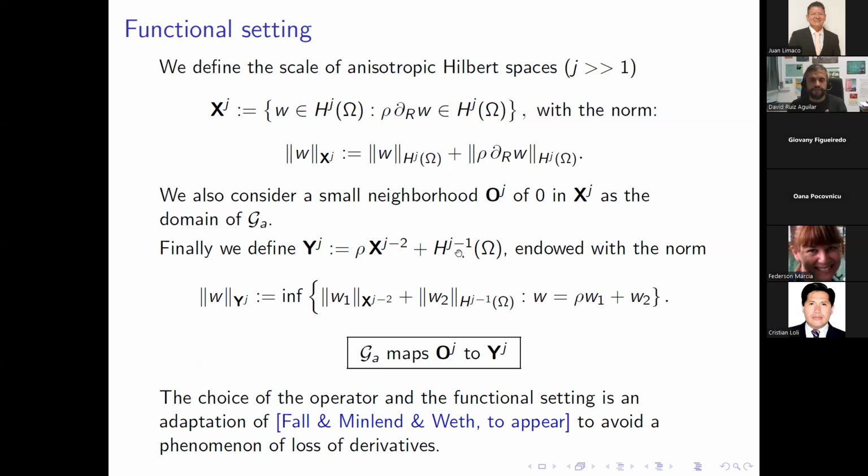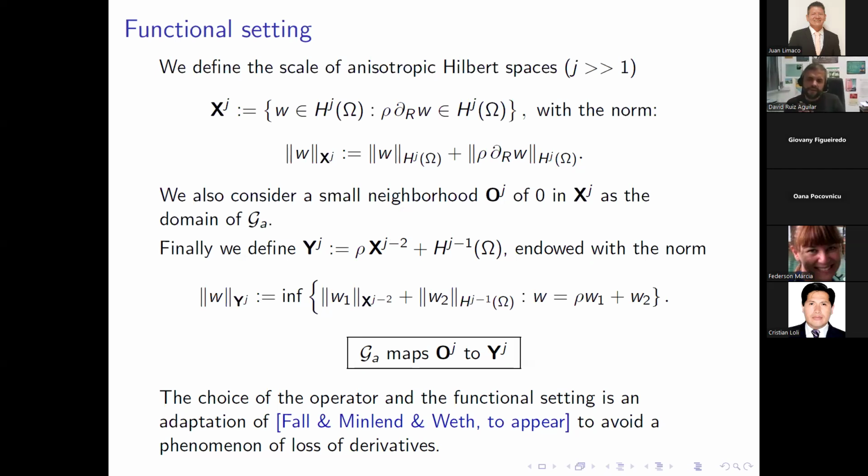Here you can compute j-1 derivatives for the right summand, and for the left one, you can compute j-2 derivatives, and you can compute j-1 derivatives only if you are computing derivatives at least one with respect to R. But for those functions, you impose them to be equal to 0 on the boundary. So this is a combination of the two. Well, it turns out that our nonlinear map maps Oj, which is in Xj, into Yj. So this functional setting seems to work.